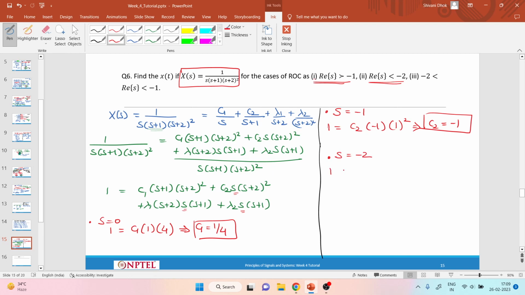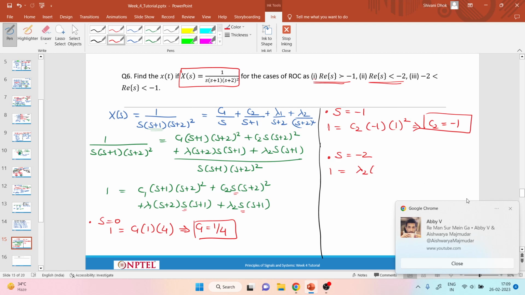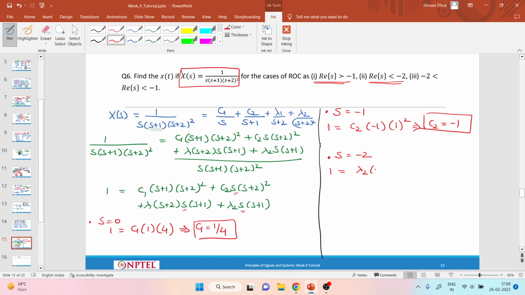In that case it will be 1 equal to, all the others go to 0, and I have lambda 2 into minus 2 plus 1, that is minus 1, which implies that my lambda 2 is equal to minus 1. My lambda 2 comes out to be 1 by 2.